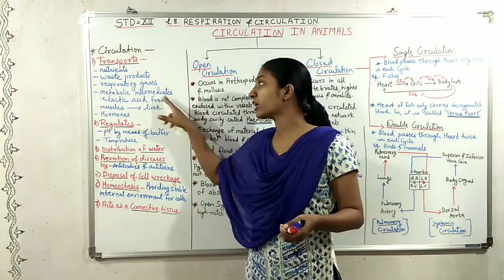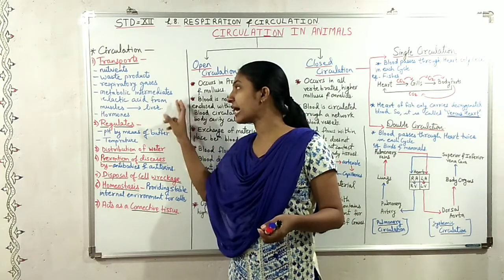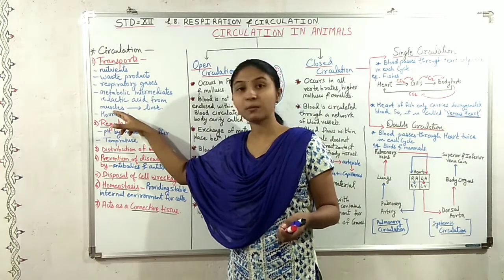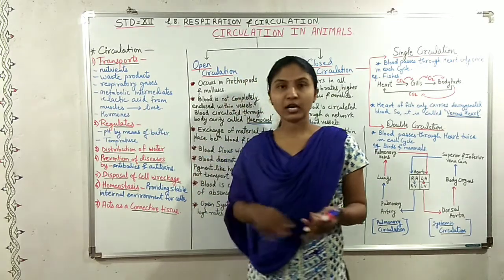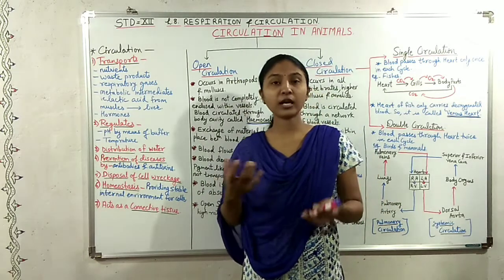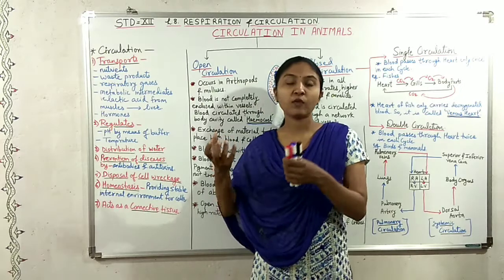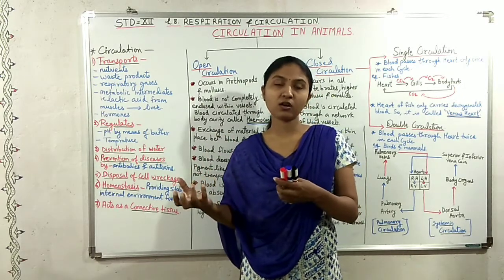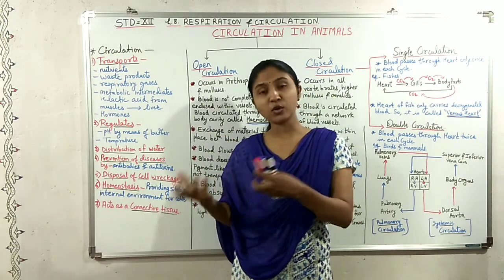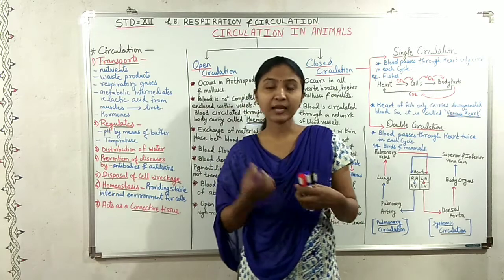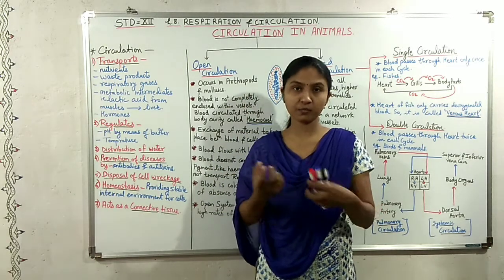Now, metabolic intermediates like lactic acid are transported from the muscles to the liver. In anaerobic respiration, we have seen that when the glycolysis of glucose takes place, at that time pyruvic acid is produced.